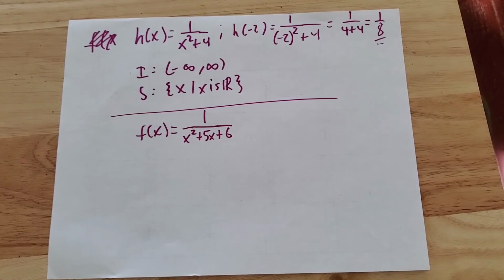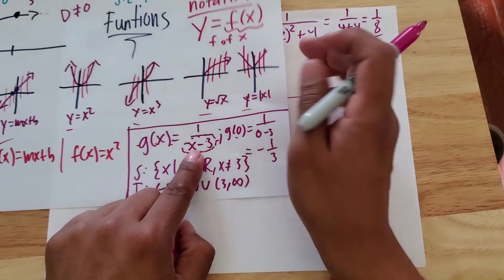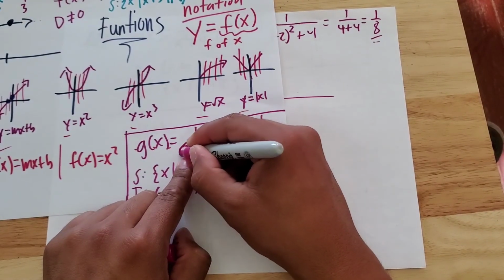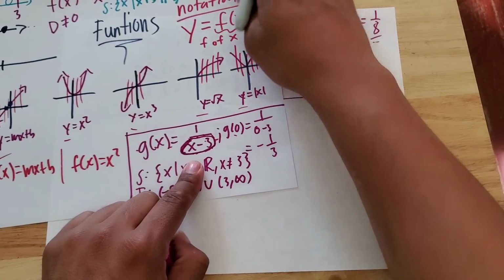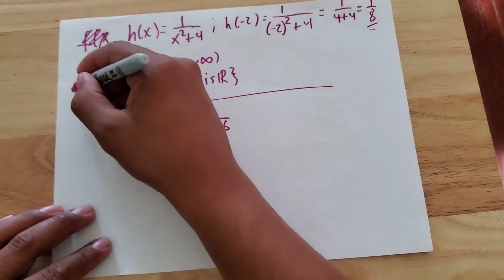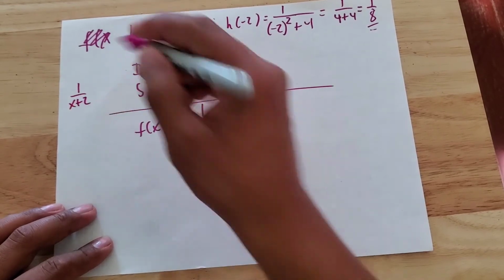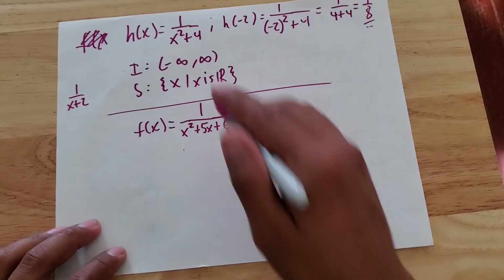These are a little more difficult to do. This earlier example, you could think about it in your head. I know 3 minus 3 gives me 0. Even if it was one that said like 1 over x plus 2, well, I know -2 plus 2 gives me 0. This one involves a little more thought.